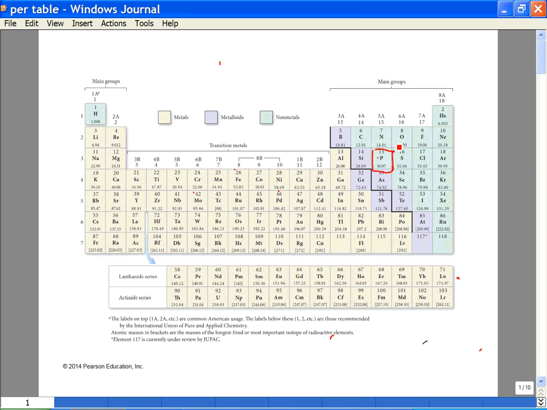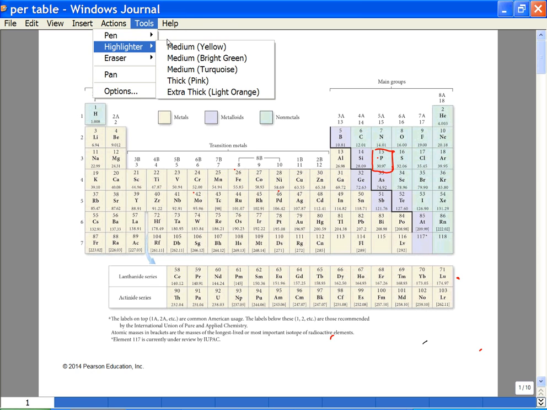We see it's located here, and it has an atomic number of 15. That means it has 15 electrons. In order to use the periodic table and bracket notation to express the electron configuration, we need to identify the noble gas that precedes phosphorus.